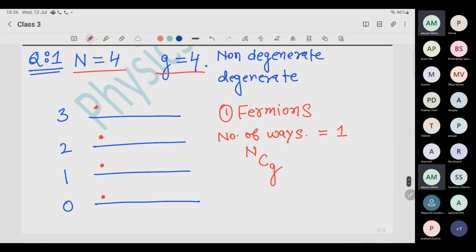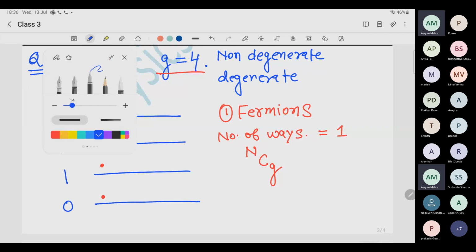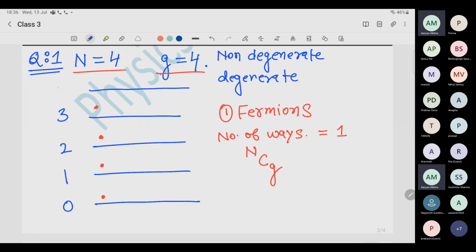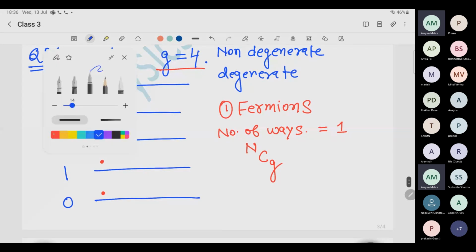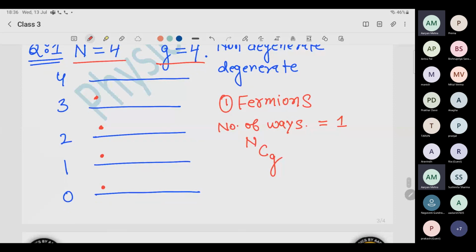Now just to make sure that this formula works, let's put one more energy level. So there are now 5 energy levels and 4 particles only. Let's see how many ways we can arrange. One more option is that we arrange like this. One more option is we arrange like this.